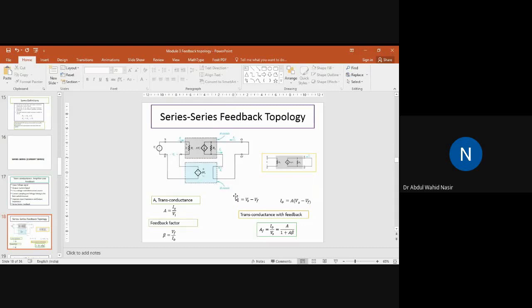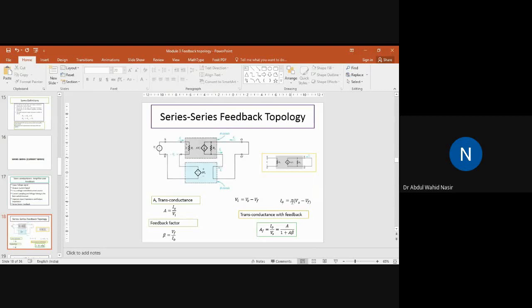Now let us see this expression, Vs is equal to Vi plus Vf. If you see this input side, we can easily deduce using KVL that Vs is equal to Vf plus Vi. Clear? So this voltage Vs is equal to the summation of Vi plus Vf. Now if you find Vi from there, we can write Vi is equal to Vs minus Vf.